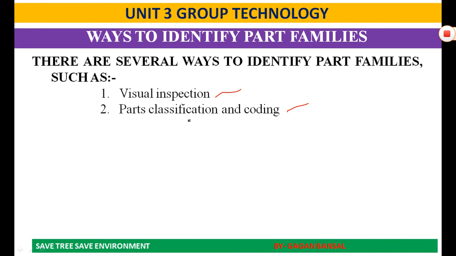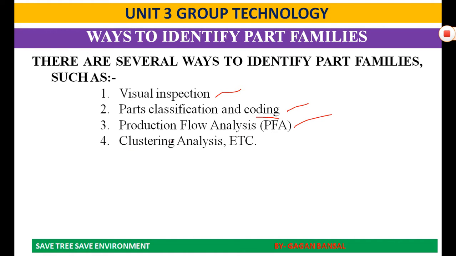I'll be taking a very brief description about part classification and coding in this particular lecture, and we have separate lectures for part classification attributes and the different types of codings in this particular unit only. Third is production flow analysis, very important, very effective also. This we will just see. Next is cluster analysis and so on. So let's start and analyze all these one by one.